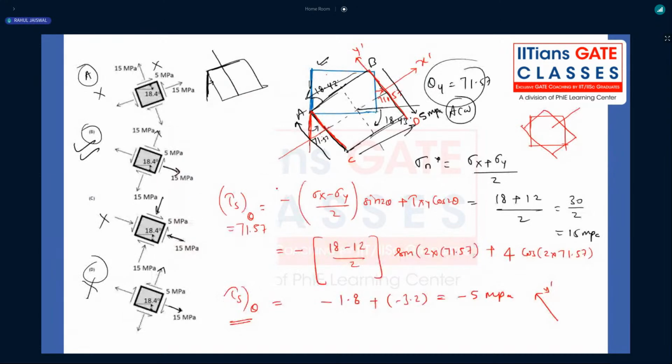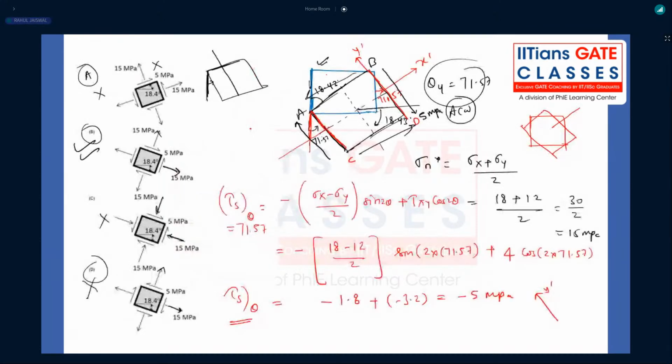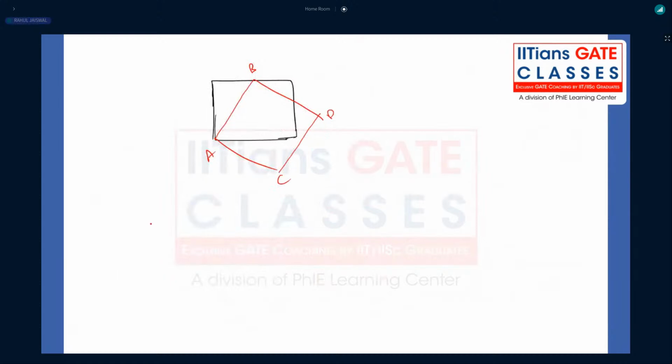This is how we are getting the planes. This is A, B, C, D. So we have calculated for the BD plane. What about the AB plane? What about theta, clockwise? What is the value? Minus 18.43. Now you calculate the values for tau s theta.